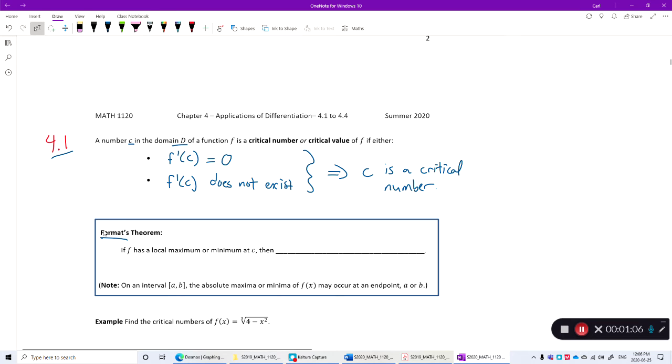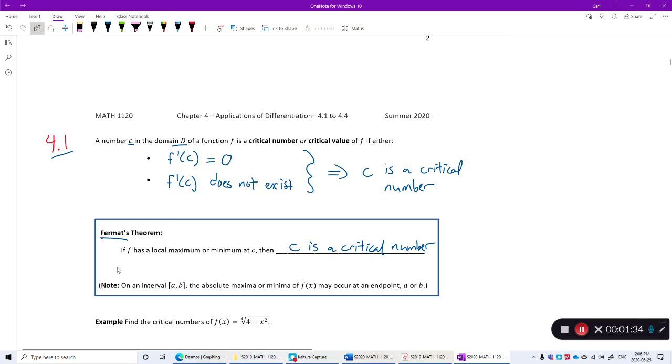Fermat is a French name, so it looks like Fermat, but you don't say the T. If f has a local max or min at c, then c is a critical number. It doesn't go the other way around. We can't say if it's a critical number, then it's a local max or min. That doesn't follow, but this way is true.